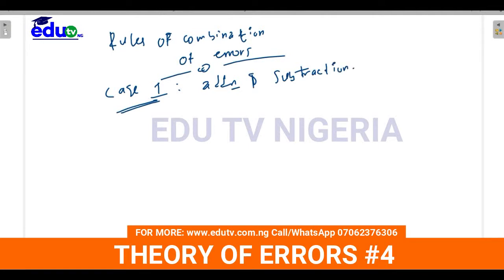Let's say we have Z equals A minus B plus C. Now for maximum error, take the maximum error of this.